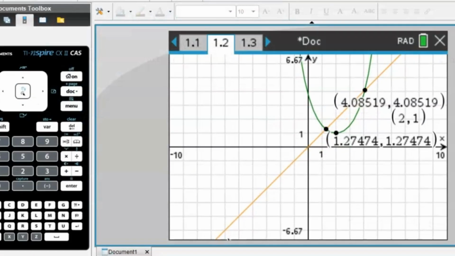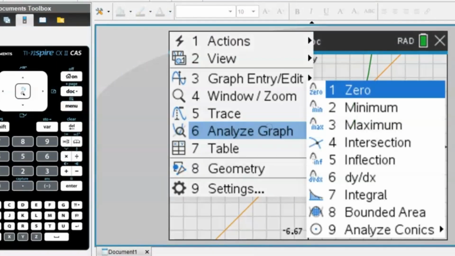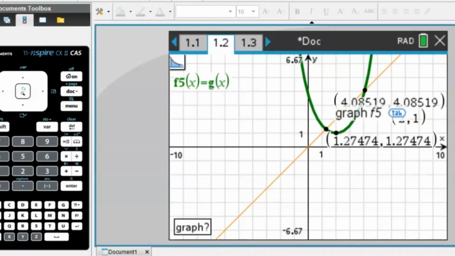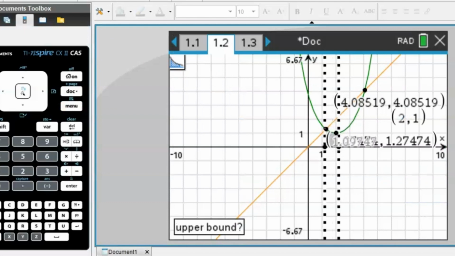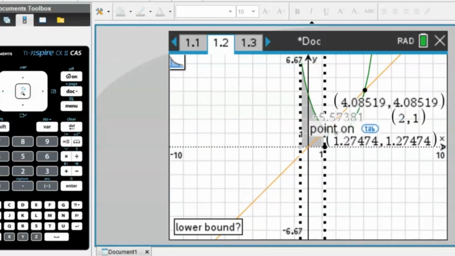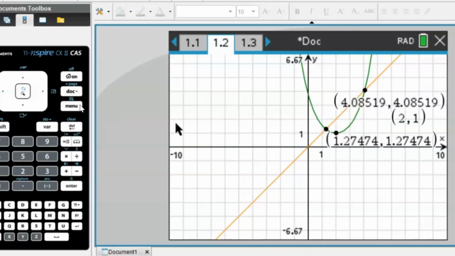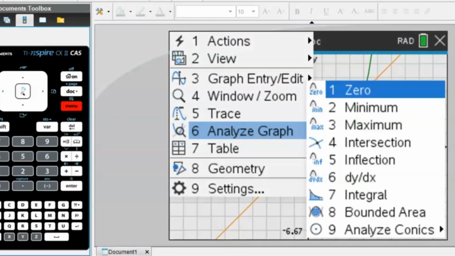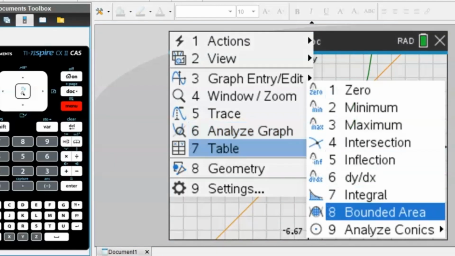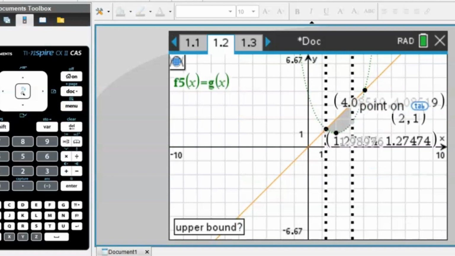Alright, now back to the class. If I go to menu and integrate that section, can I get the area bounded from that point to that point?